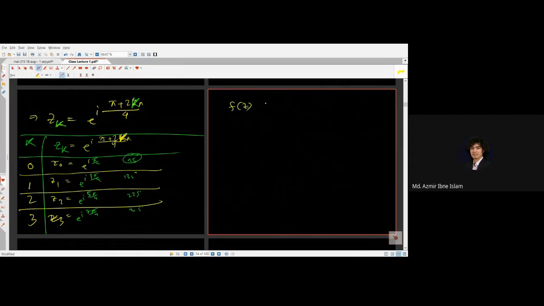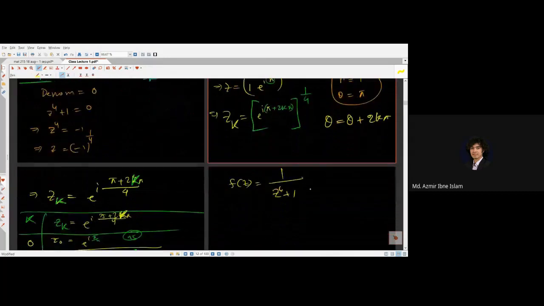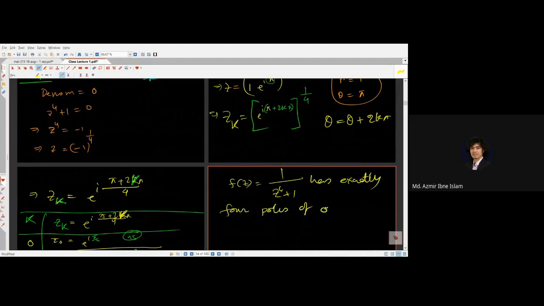So f of z equal to 1 over z to the power 4 plus 1. This function has exactly 4 roots, or 4 poles of order, what order will it be? Sir, 1.